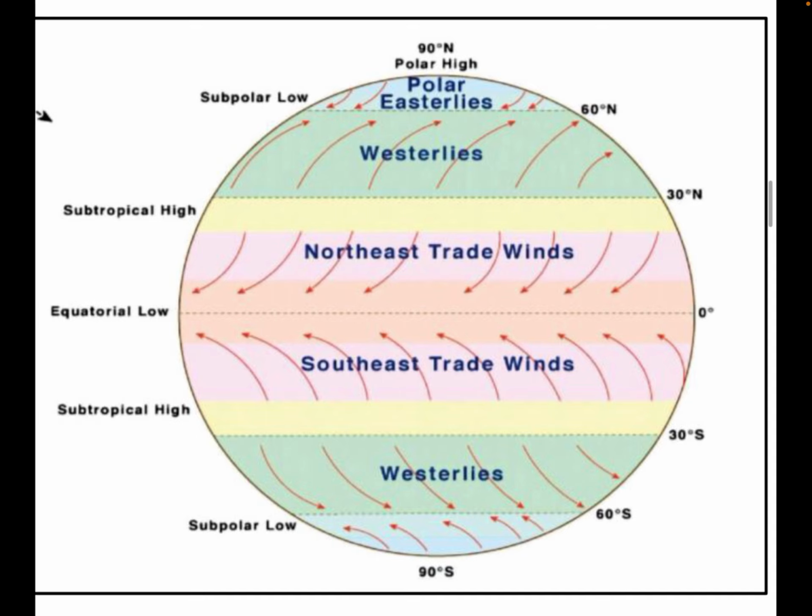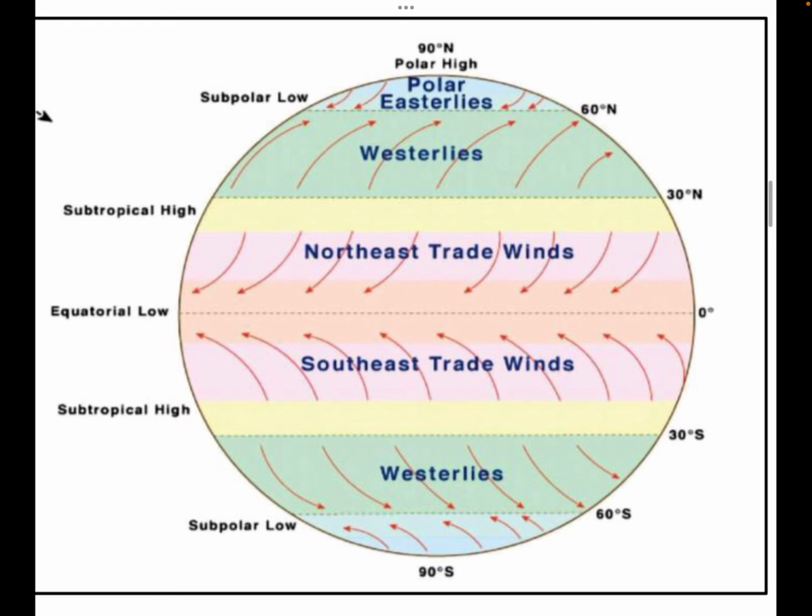The first significance is planetary wind is balancing the heat budget of the Earth. Means it is transporting the excessive heat of tropics toward poles and also transporting the excessive cold temperature from pole towards tropics.